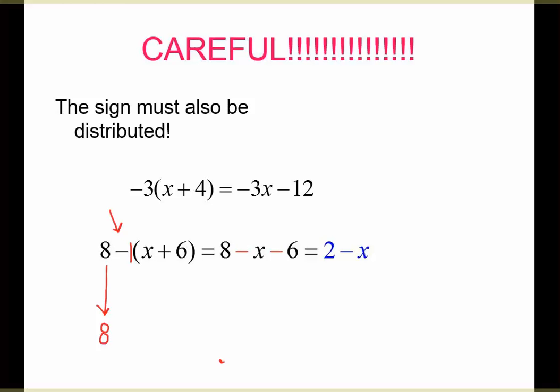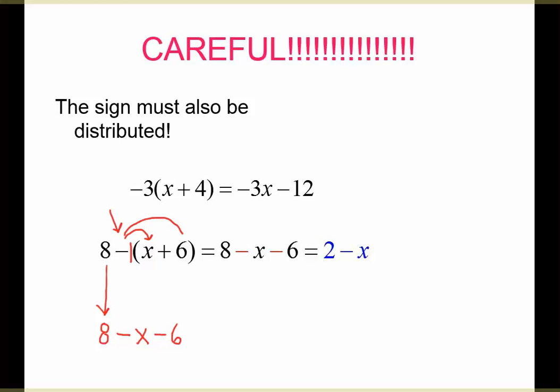So this is a negative 1 times x, and negative 1 times x is going to produce negative 1x, which you can just write like that, or if you like to put the coefficient in there, that's fine with me. Okay, it's not going to hurt. You also distribute the negative 1 to the positive 6. So negative 1 times positive 6 is negative 6. And that's kind of where they're getting that answer from over there.